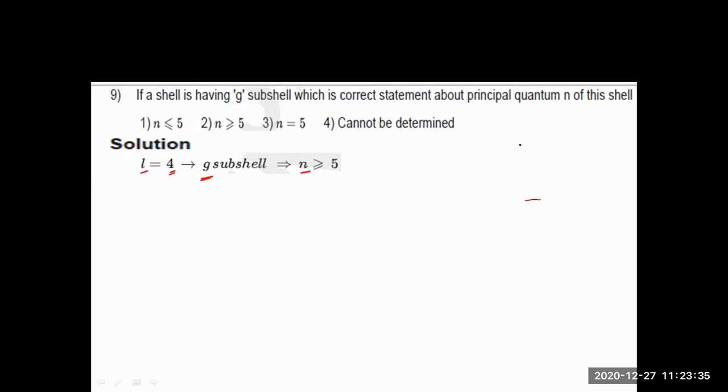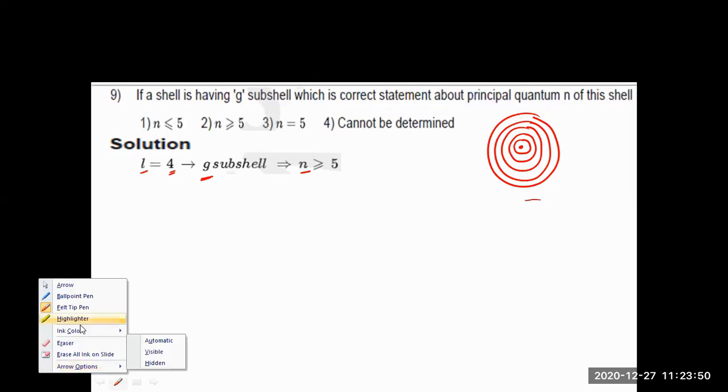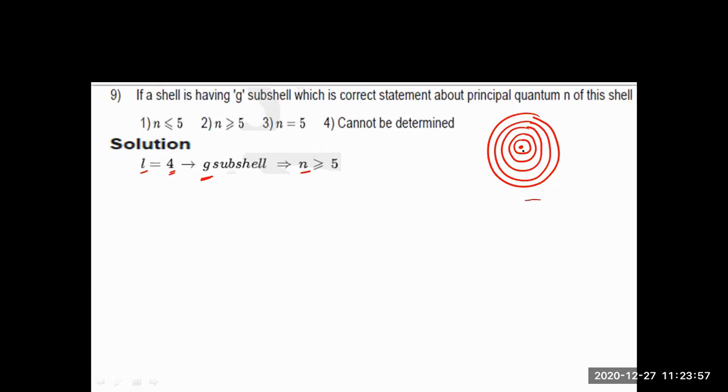It simply means like this. This is the nucleus, first shell, second shell, third, fourth, fifth. You have different subshells in each shell. In the first shell, there is the s subshell, 1s. This is 2s, 2p. Like that, 3s, 3p, 3d. 3d is added in the third shell.